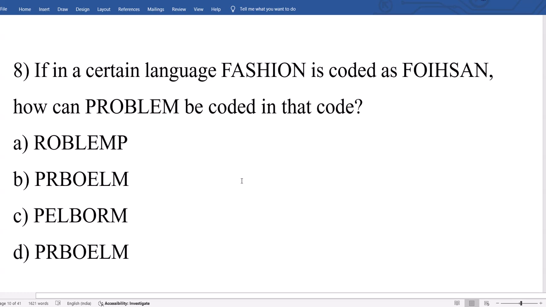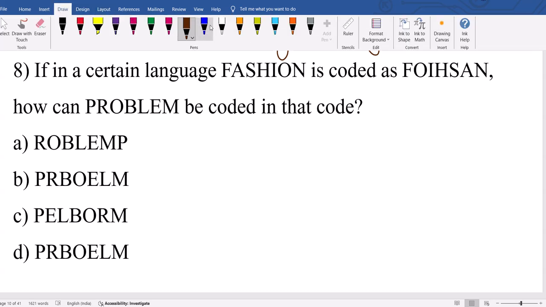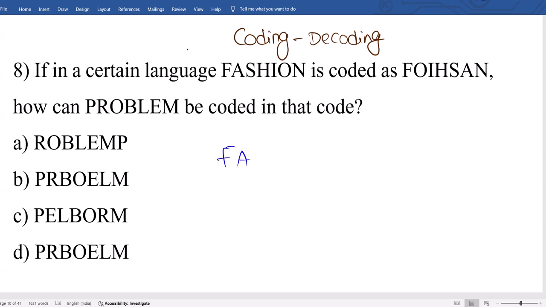I think you can handle this question easily. Coding and decoding, reasoning related. Fashion is coded as FOIHSAN.